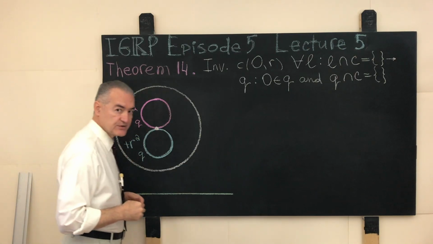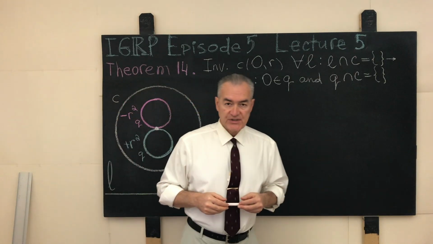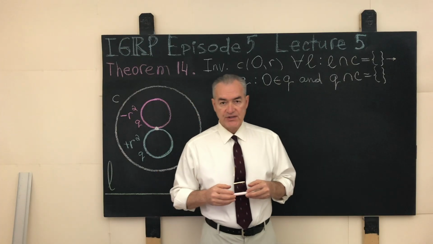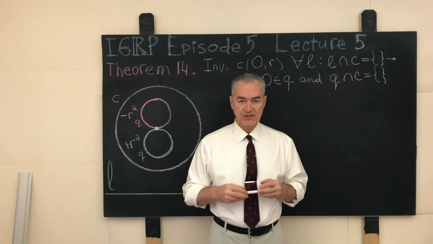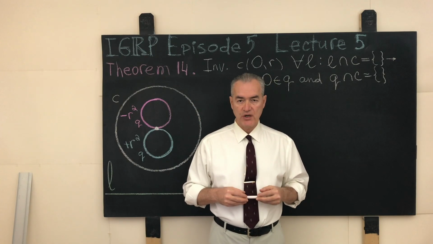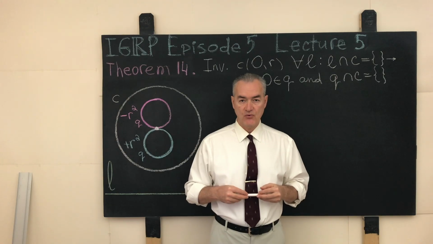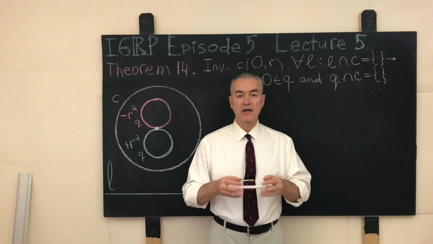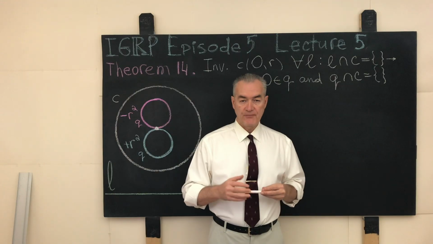And once you understand the technical essence of the statement of this theorem, we suggest that you put this video on pause, walk away, and try to generate a proof of this theorem on your own, and then come back and compare your ideas with ours.